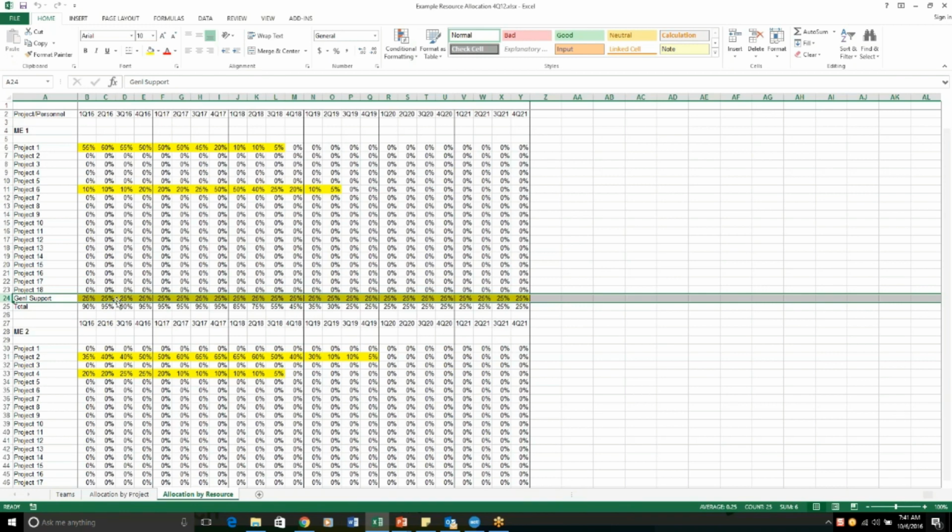And if you think that you're going to really load people at 125% because you're really expecting them, what that means is you're expecting them to work more than 8 hours a day, you can do that. But, there are a lot of unintended consequences. If the organization is being run such that people are expected to work 12-hour days every day, day in and day out, there are a lot of consequences for managing the organization like that as well.